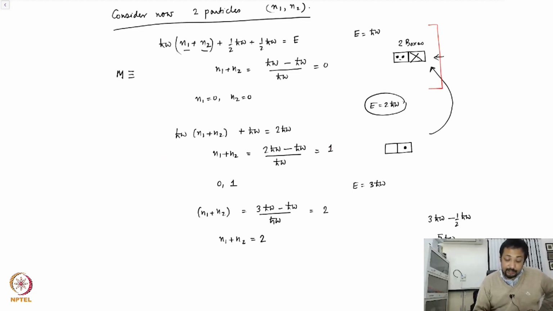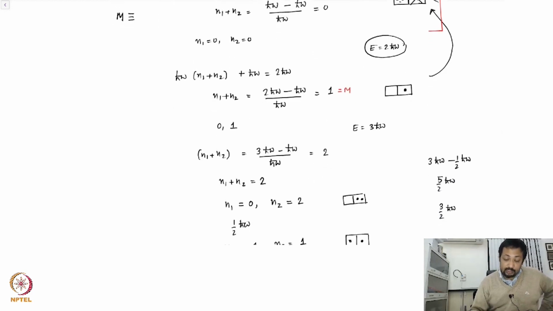In this case, m is equal to 1. This is equal to your m, and you see that n1, n2 either has a combination 0 and 1 or 1, 0. That is also a valid thing in which you place one of them here, the other one here. It is like 2 boxes and you are just putting 1 particle either in this box, in this box.